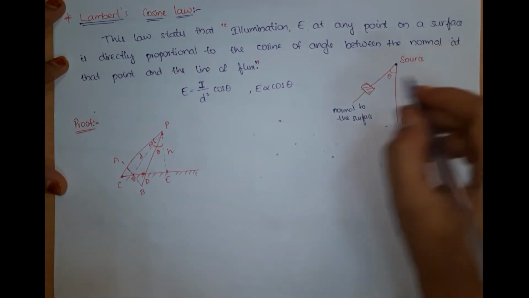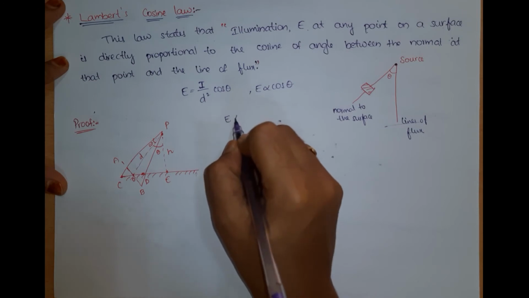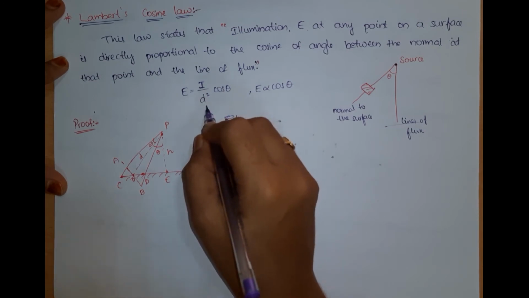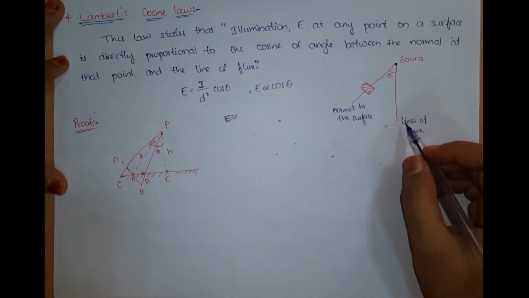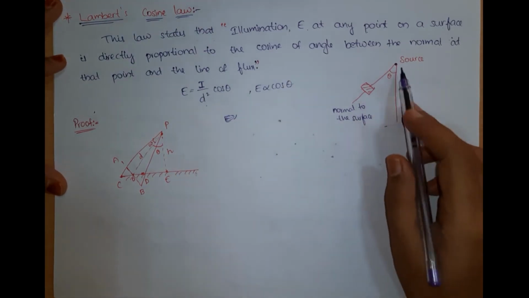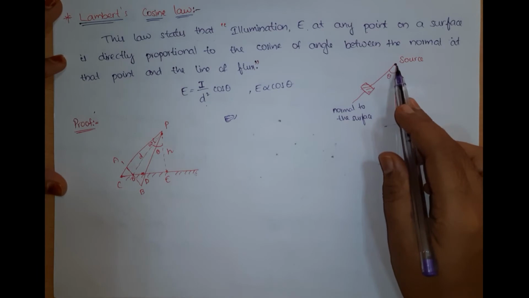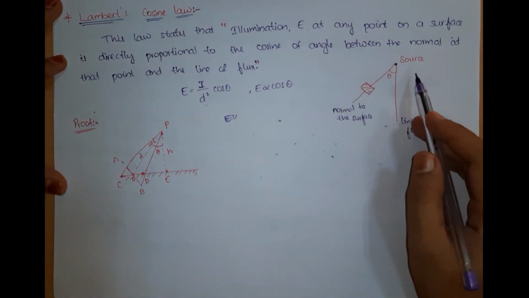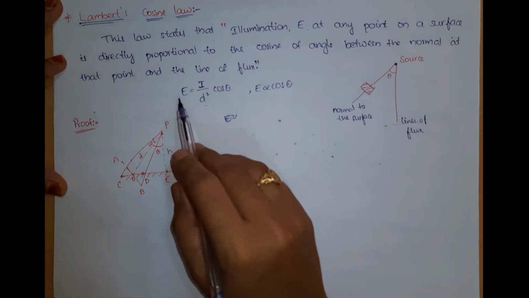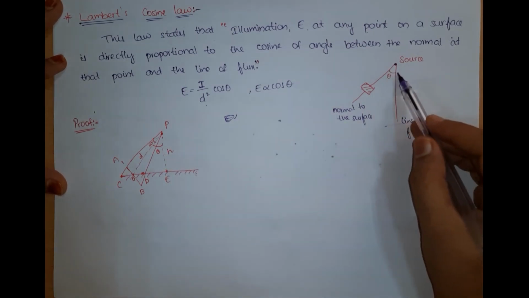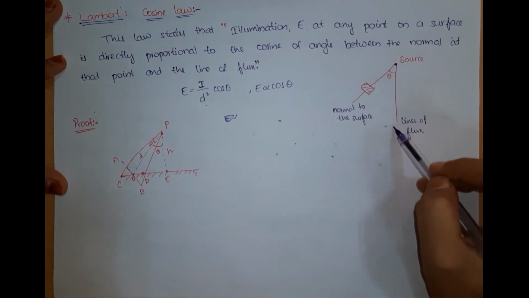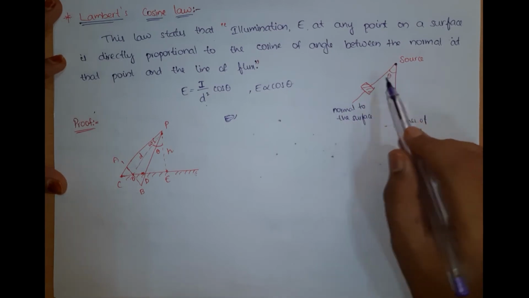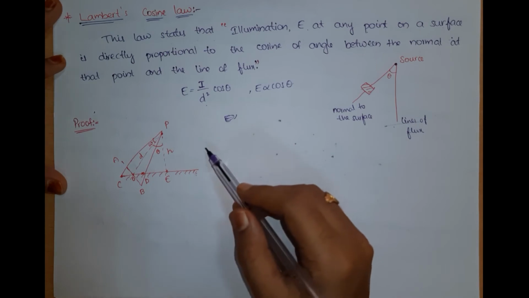Previously we found that illumination E is directly proportional to I by d square, inversely proportional to the square. But if it is inclined at an angle to the source, then what happens? This Lambert's cosine law tells that if it is inclined at an angle, then the illumination is directly proportional to the cosine of the angle between the normal at that point and the line of flux. That is what this Lambert's cosine law is telling us.